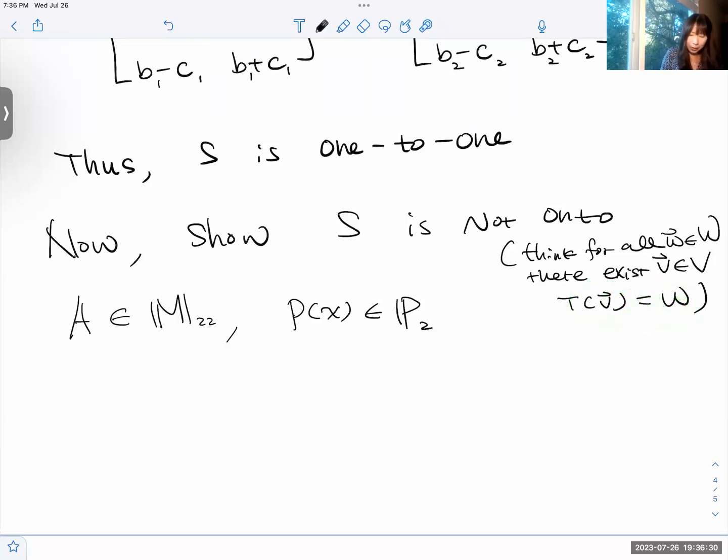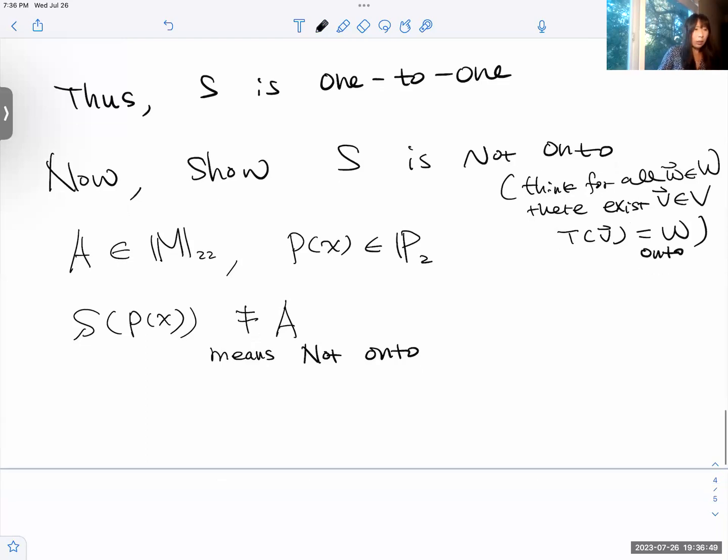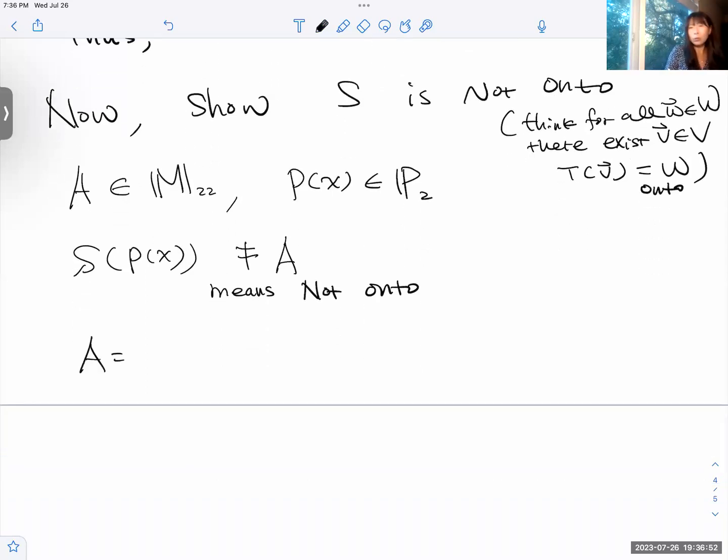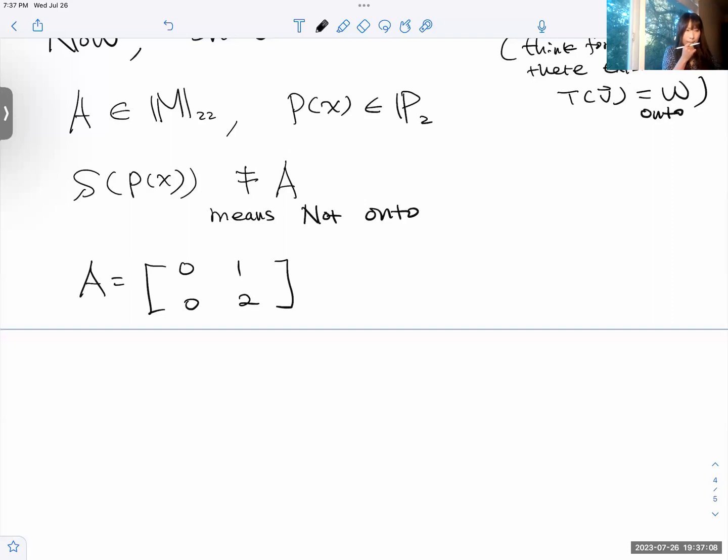So we are going to say that S of p of x is not A, which means not onto. So what kind of matrix A do we have to set up? 0, 0, 1, 2. All right, so look.